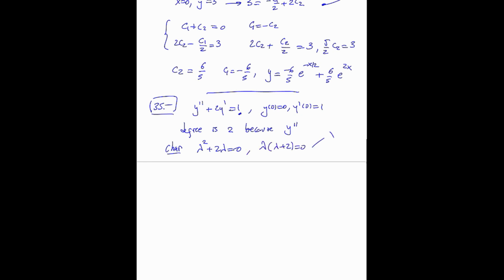So we got lambda equals 0 and lambda equals minus 2. So from here, the fundamental solutions are e to the 0 times x, which is 1, and e to the minus 2x. y1 equals 1, and y2 is e to the minus 2x.